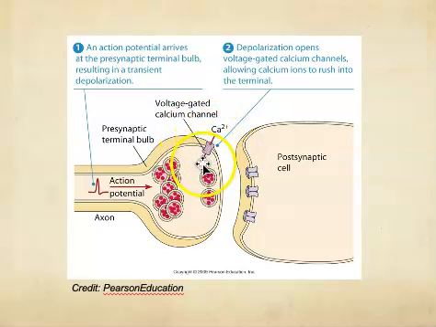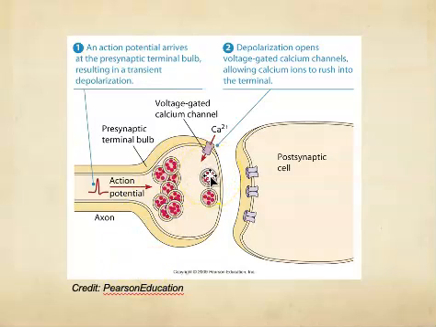And once those channels are open, calcium will be able to flow in to these synaptic knobs. And as calcium levels get higher in here, they will activate protein kinase enzymes, which will phosphorylate proteins on the vesicles and on the inner surface of the membrane, allowing them to fuse.